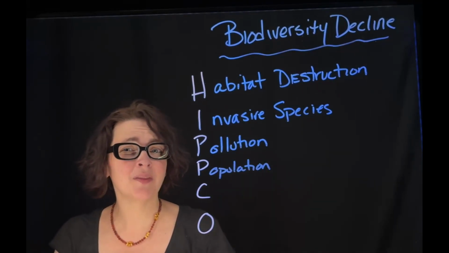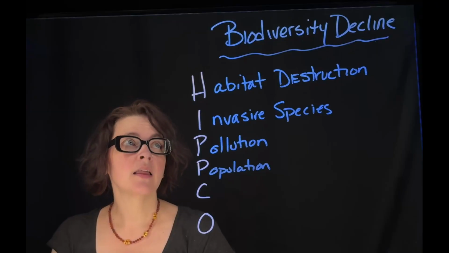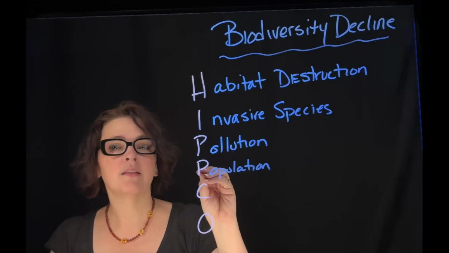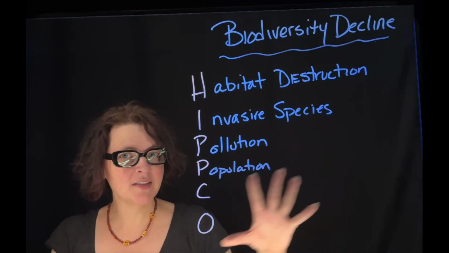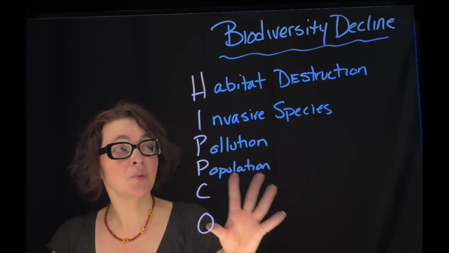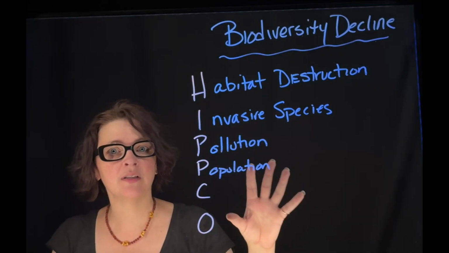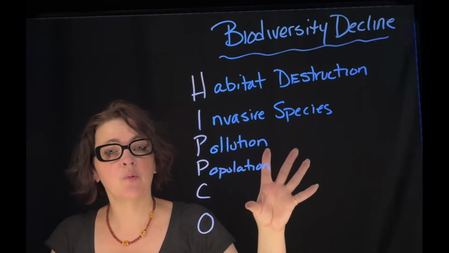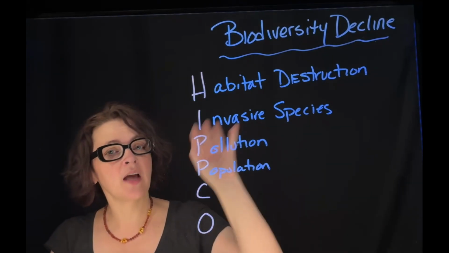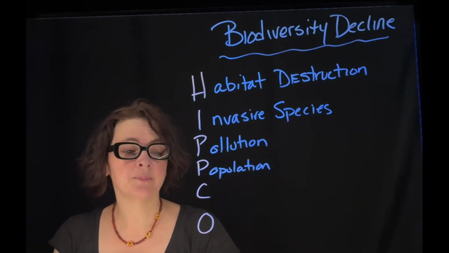As the human population number rises, the more of all the rest of this we are going to be doing and putting impact onto biodiversity, the more area that we need to utilize and more resources that we are taking. So that is going to cause biodiversity to decline.